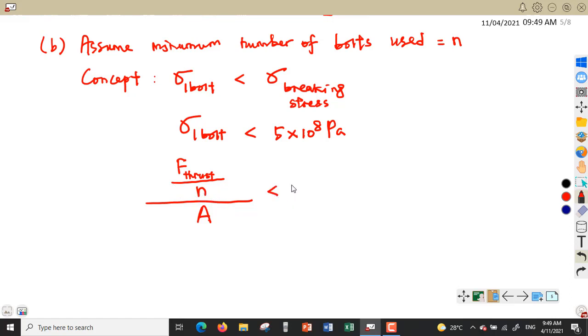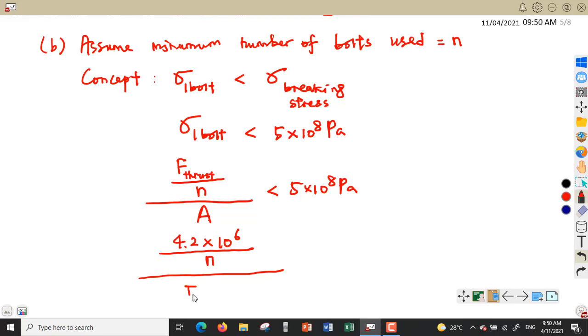So this value must be less than 5 to the power of 8 Pascal. So the value must be less than the breaking stress. So thrust force of the rocket engine is 4.2 to the power of 6, and we have to divide by the number of bolts used, then we get the force for one bolt, over the cross-sectional area.